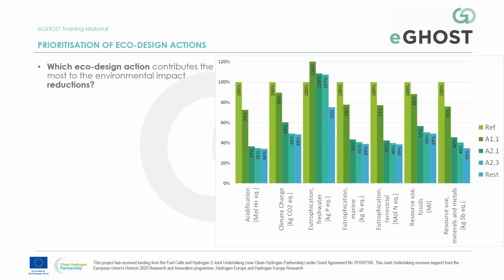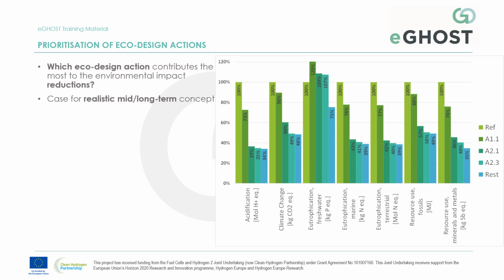This first reduction from light green to slightly darker green presents ecodesign action 1.1, and so on. So we have 2.1, 2.3, and then all the remaining actions are gathered in this last step.